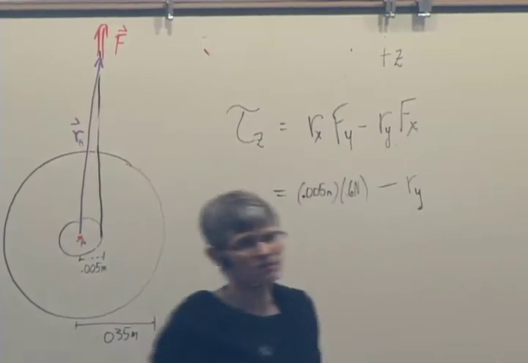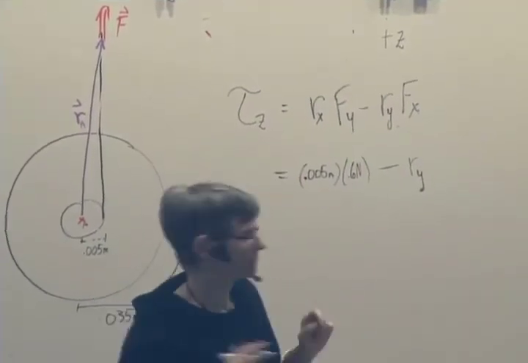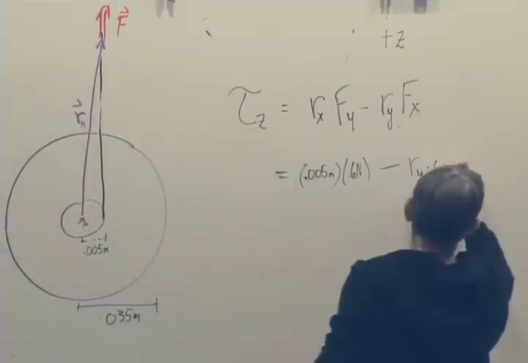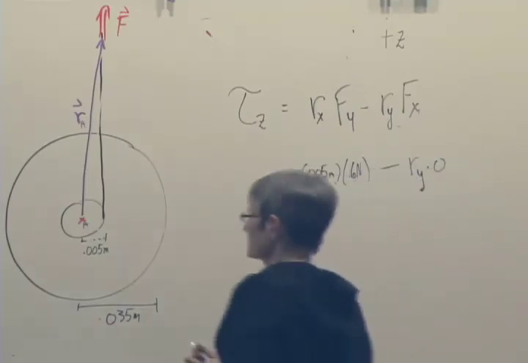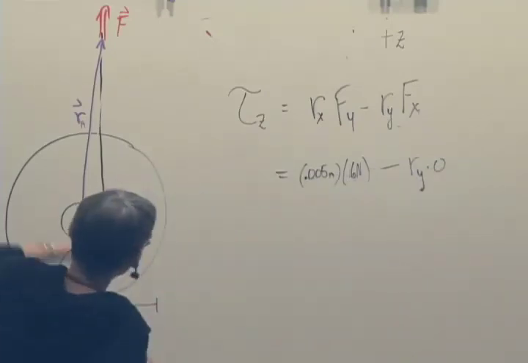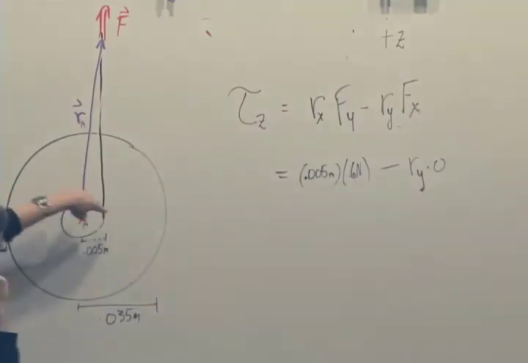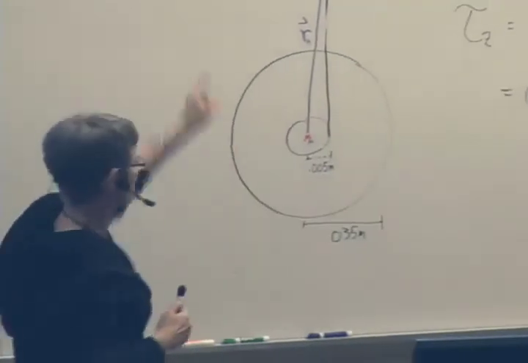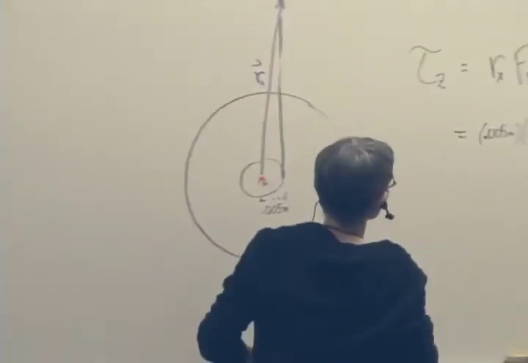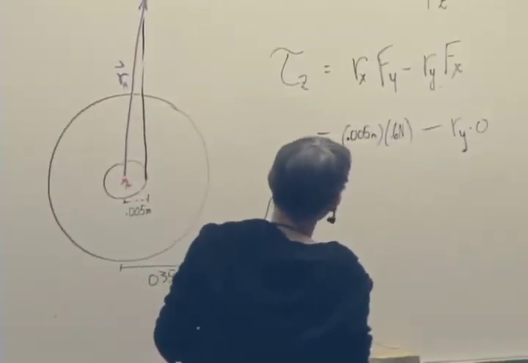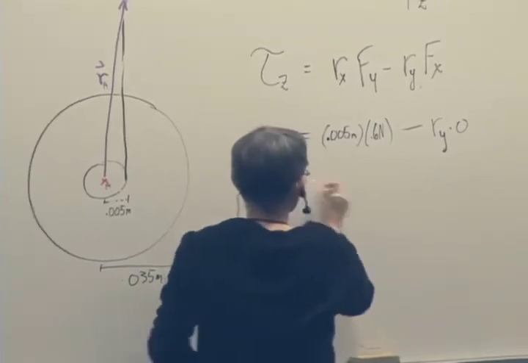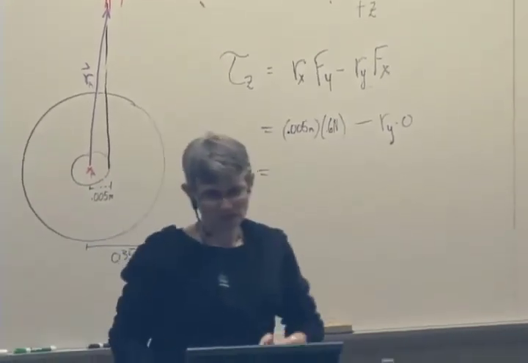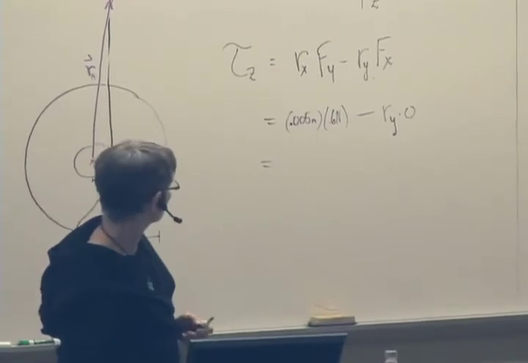But what's the x component of the force? 0. So in fact, it turns out to be only this component of r that's actually perpendicular to the force that actually mattered. So in that case, what do we get? What's the answer there?